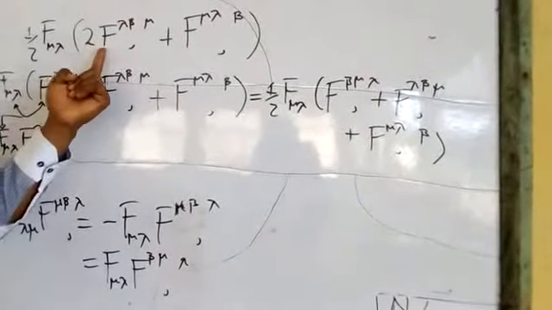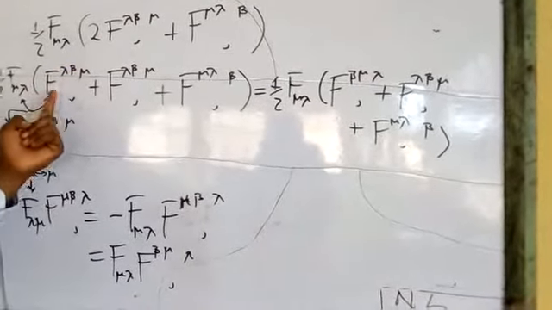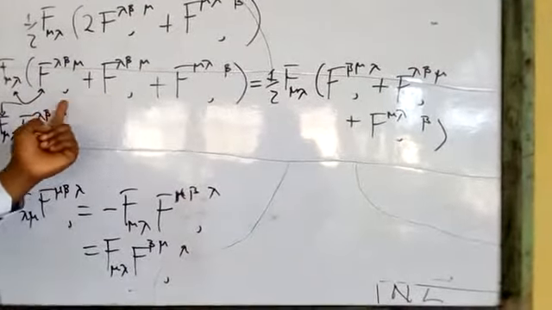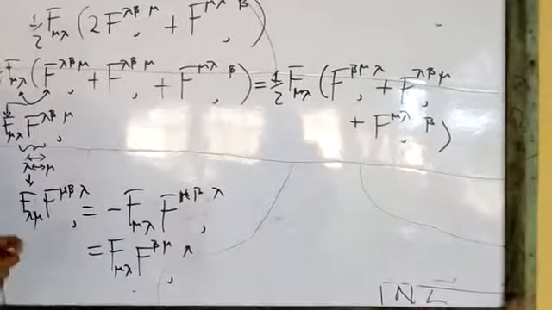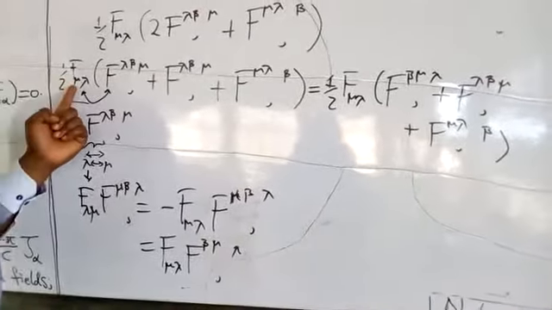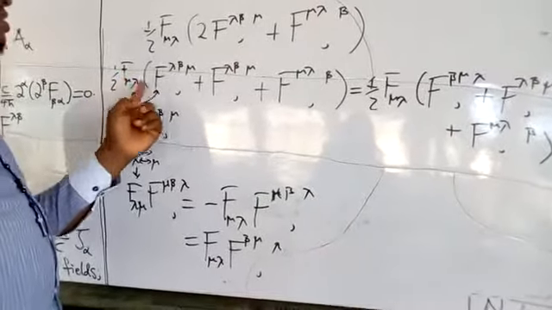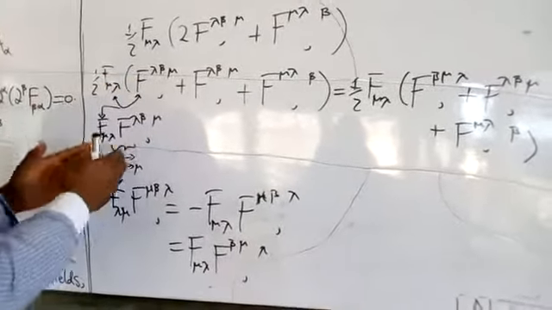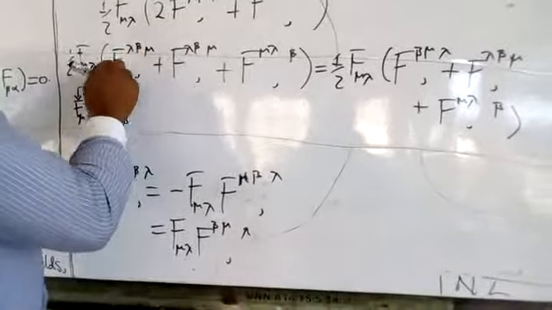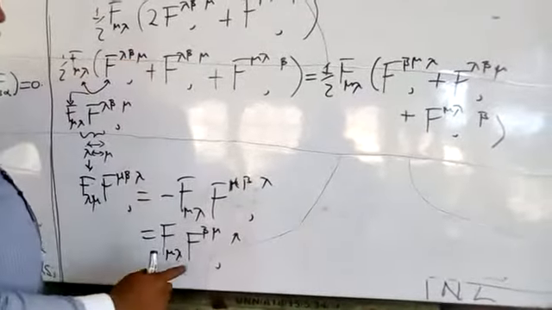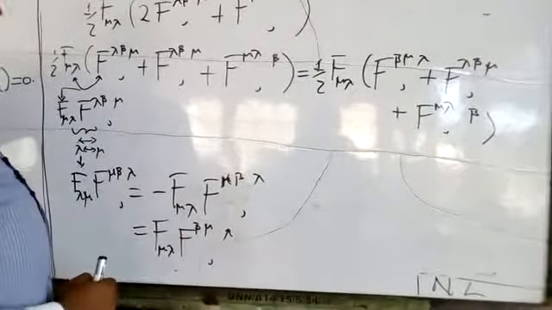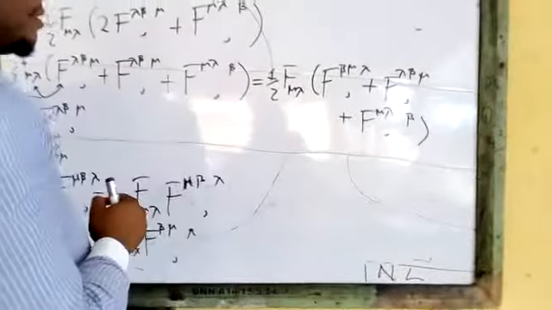So I have 2 times of this, and I wrote them as 1 of that plus 1 of that. So this is just again the same as that. And then the combination of 1 of this factor and 1 of this, either this one or that one, was what I did to change this F lambda beta mu to now F beta mu lambda, which is what I have for my first term here.